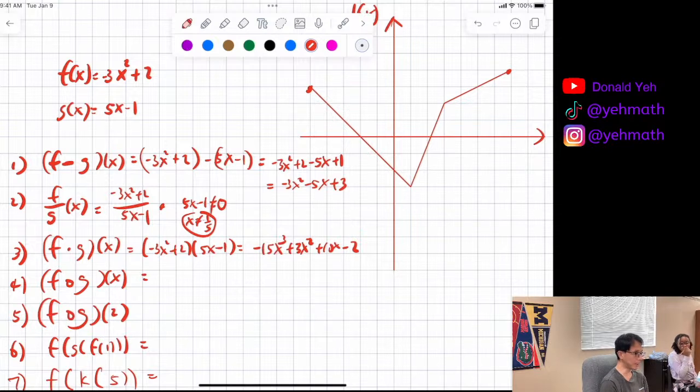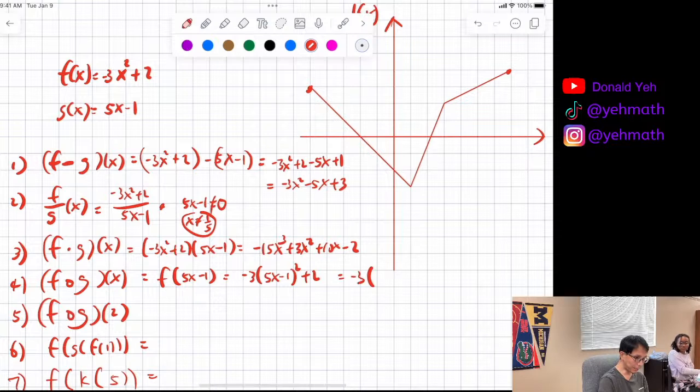What's f of g? Now this gets kind of more complicated. So that means f of g of x, where g of x is 5x minus 1. So negative 3 times 5x minus 1 squared plus 2. Negative 3 times 25x squared minus 10x plus 1, plus 2. That's equal to negative 75x squared plus 30x minus 3 plus 2, which is minus 1.